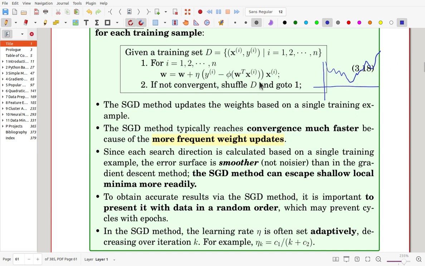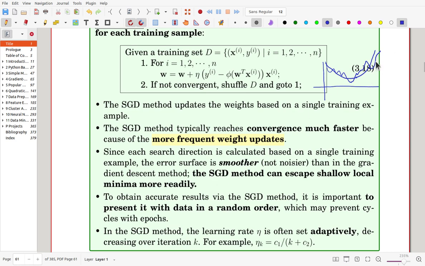In fact, it is coming from one quadratic formula, so along with one point, it is smooth. So its minimum may not be the same as that one. However, anyway, it's much better than the gradient descent method.